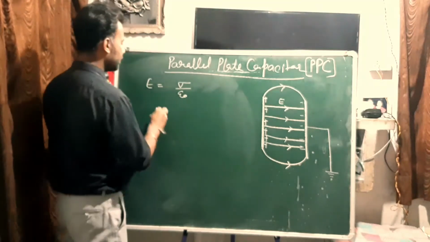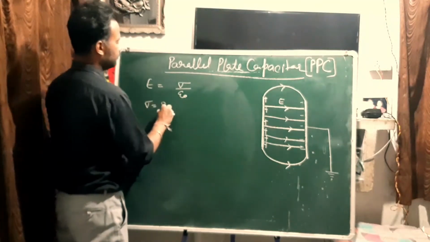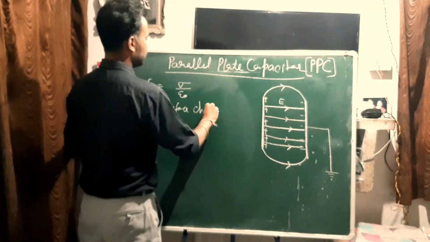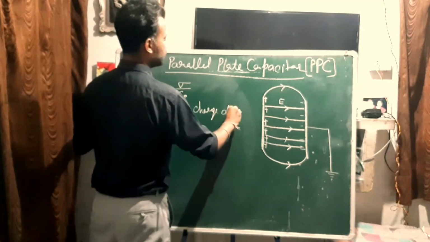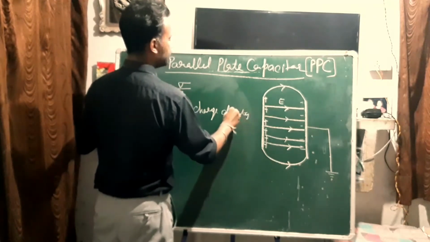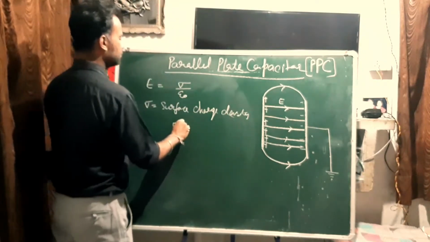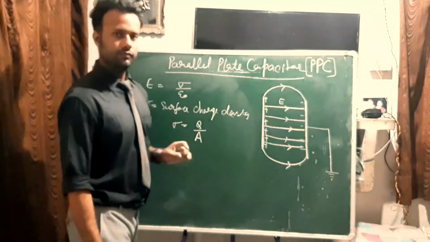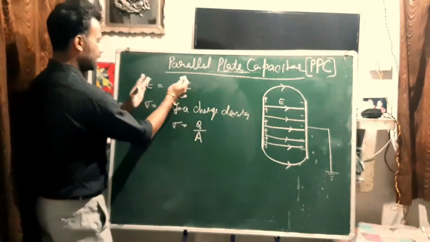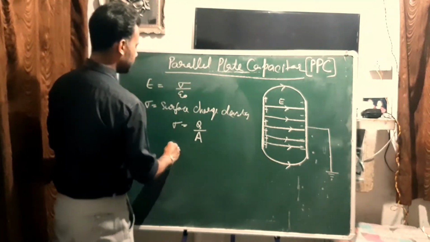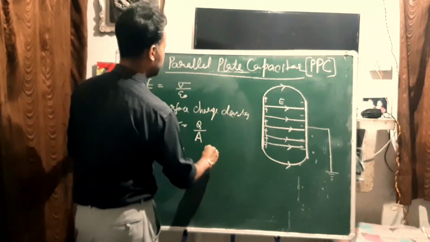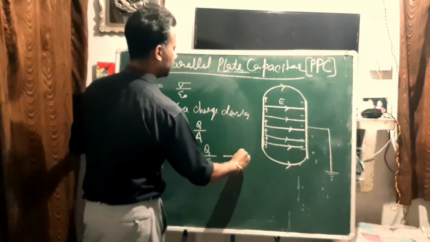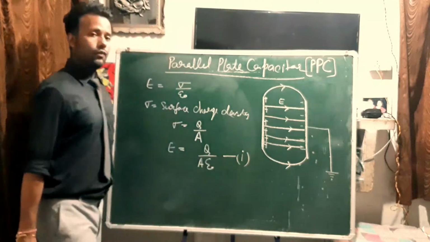Sigma is the surface charge density, whose value is nothing but Q upon A, right? Apply the formula. So this will become E equals Q upon A epsilon naught. This is equation number 1.